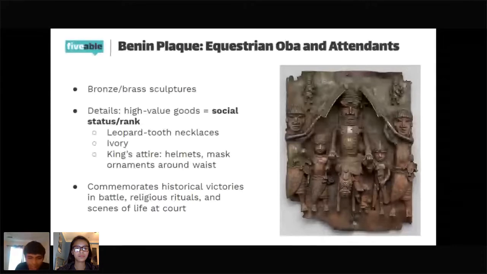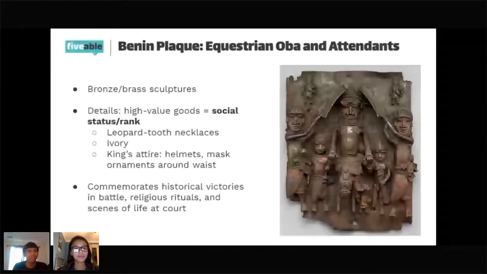It shows battle, religious rituals, and scenes in life at court. I think I've seen one sculpture where they were mid-pose in battle with their spears and in their battle clothing. So it shows victories in battle, their pride and joy in battle, and their passion in fighting.